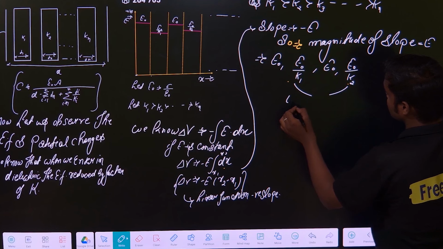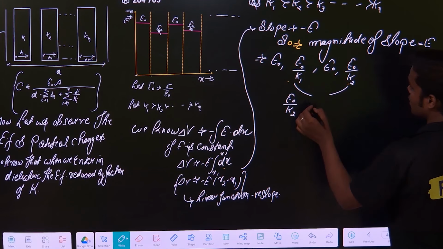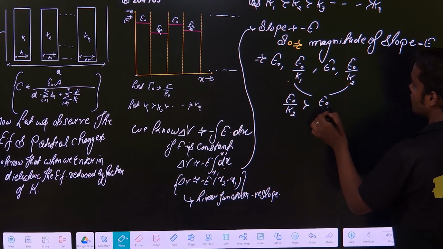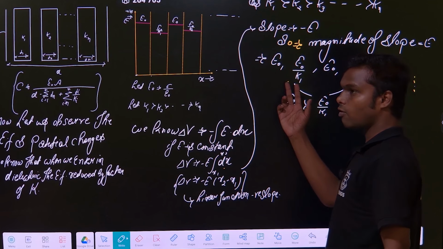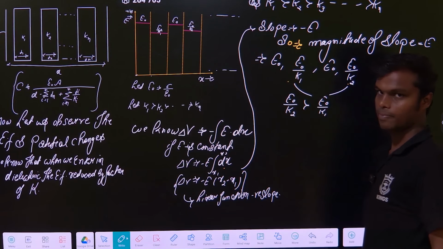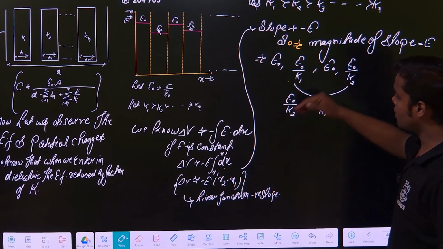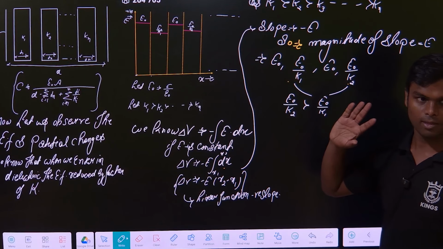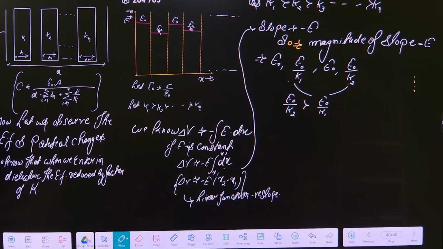I can say, sir, E naught by K2 is greater than E naught by K1. Correct? This slope will fall very fast as compared to this slope, because this is a slope now. This will fall very fast and this will fall very slow. Are you getting my point? First digest that point, then you will understand what I am trying to say.